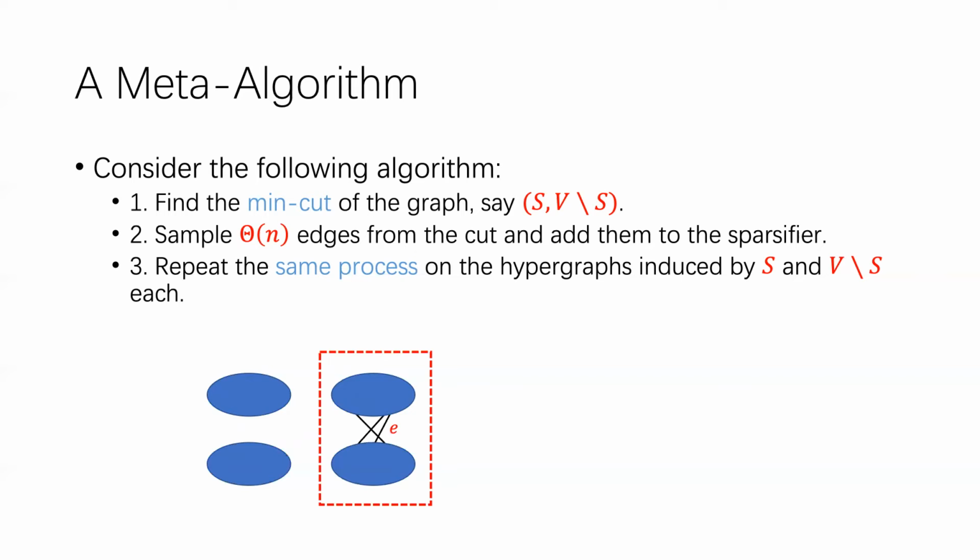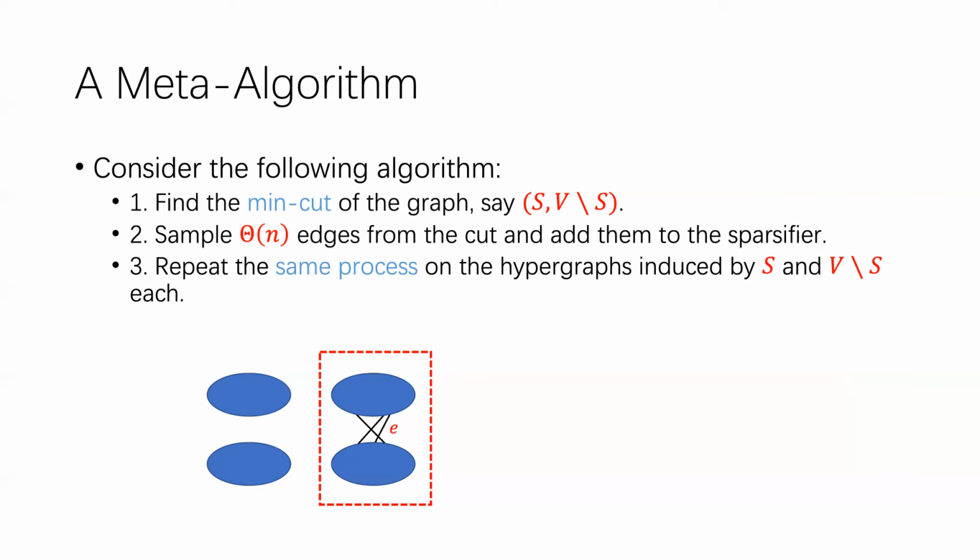Now, let's focus on an edge E. We look at the time when it has a chance to get sampled, which means it is contained in the minimum cut of some induced graph which the algorithm encountered.